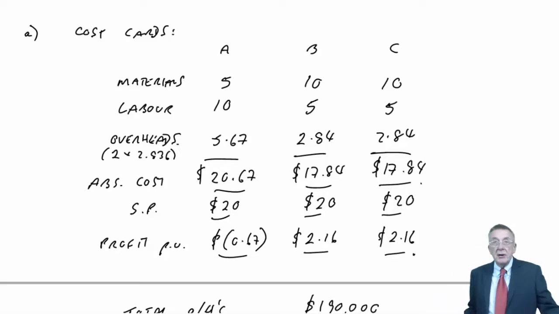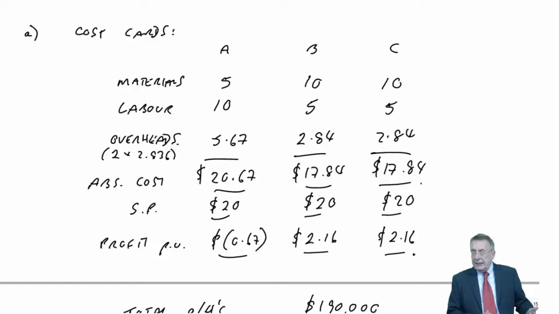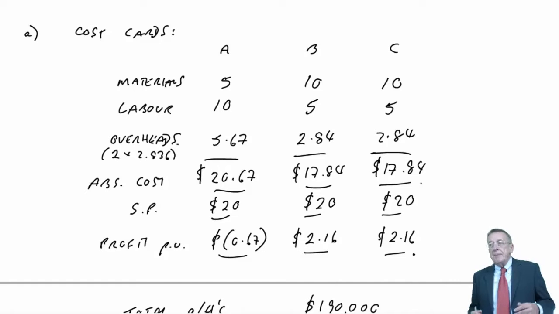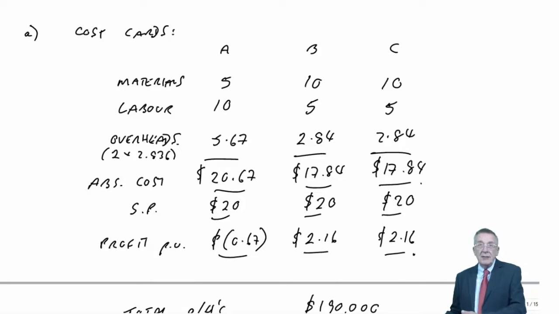Maybe we're producing these three products, we're using the same machines for all three. But perhaps we use the machines, make a few thousand of A, then we switch to making a few thousand of B, then we switch to C, and then make some more A's and so on. That we're making them in batches.